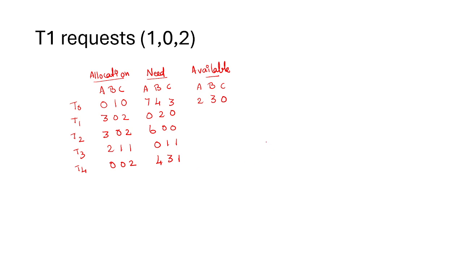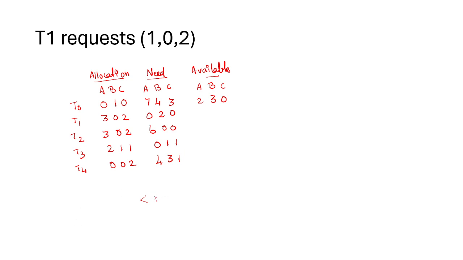Now we go directly to the safe sequence. T0 cannot start its execution as T0 needs these many instances, but they are not available. Then we go for T1. The requested resources are available, so T1 can start.